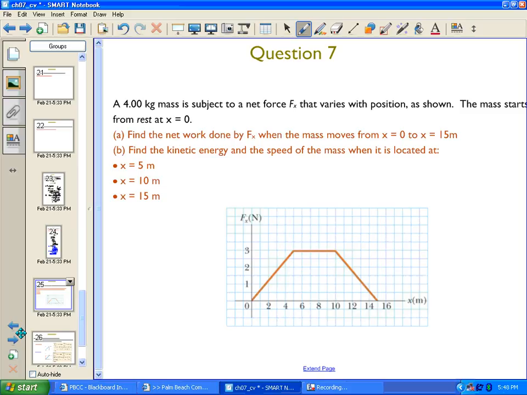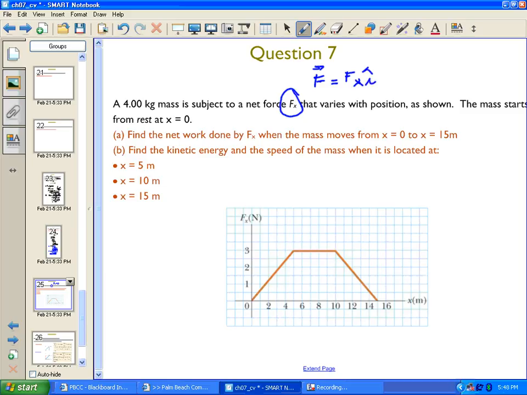Here, question 7 gives us a graph and tells us that there is a 4 kilogram mass which is subject to a net force, and this net force only has a component in the x direction, so F as a force is only given as Fx, some value Fx i hat.